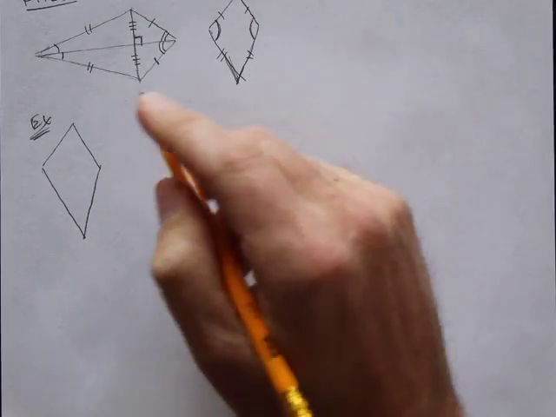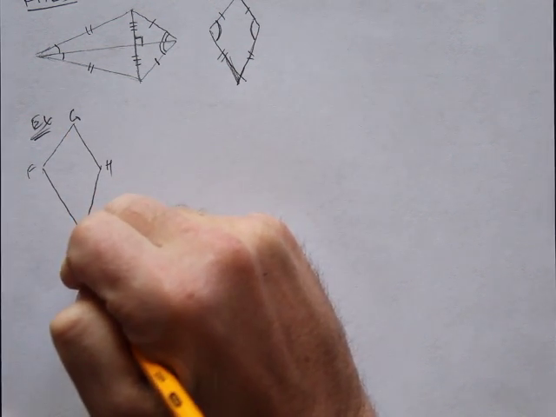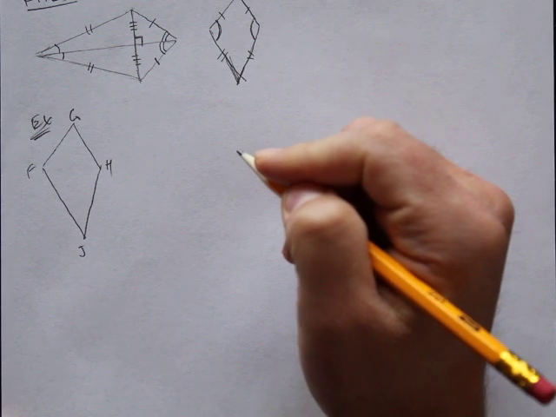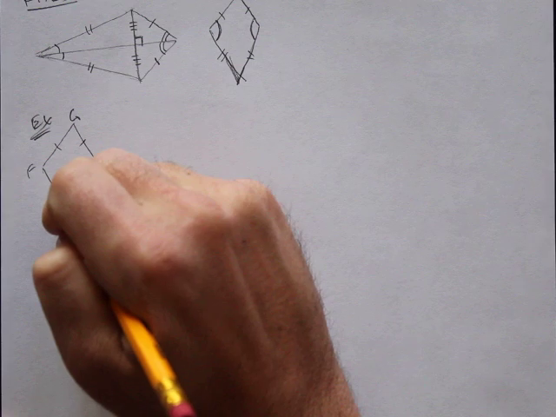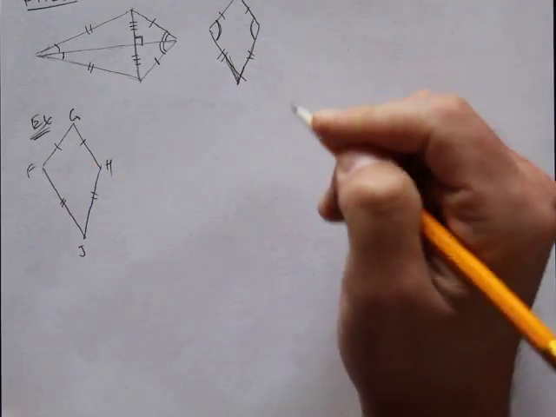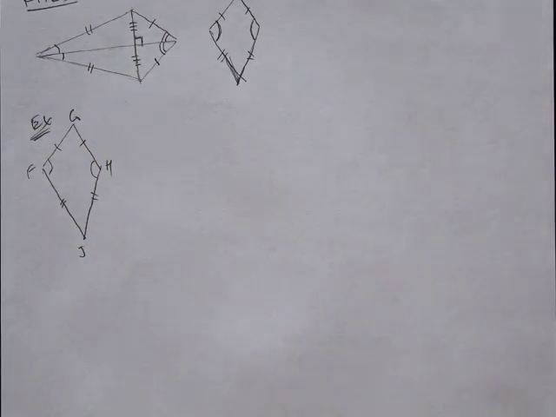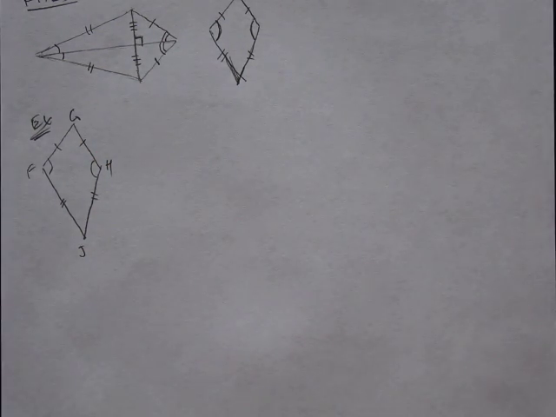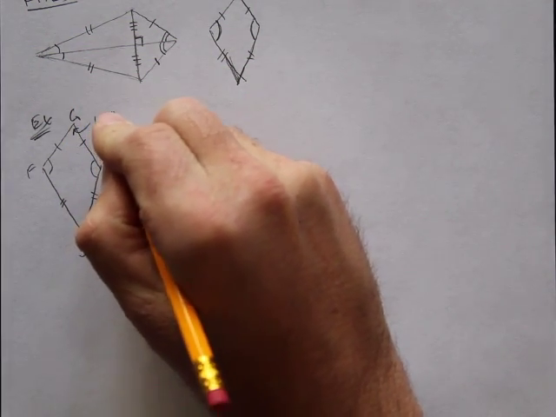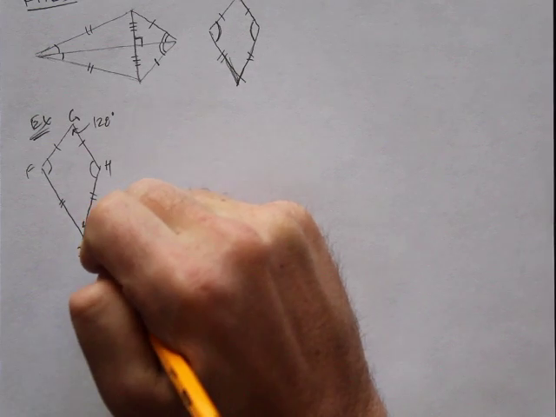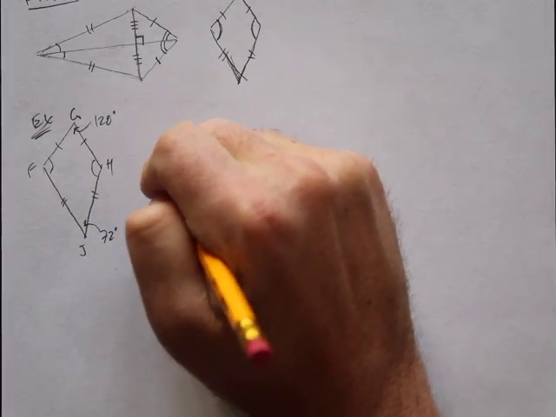It is kite F, G, H, J. And I know it's a kite because FG and GH are congruent, FJ and JH are congruent, and angle F is congruent to angle H. So I know this is a kite. Now angle G is 128 degrees, and angle J is 72 degrees. What is the measure of angle F?